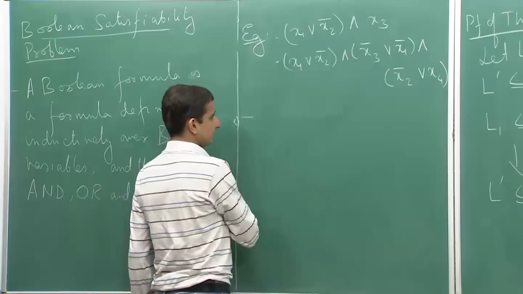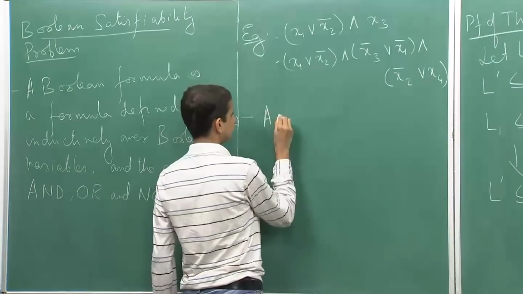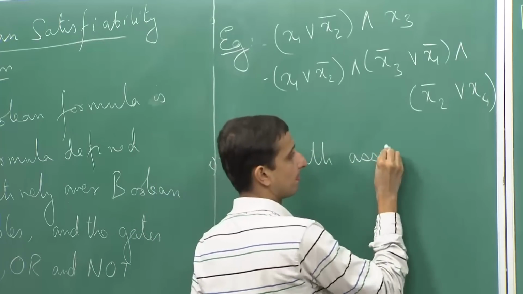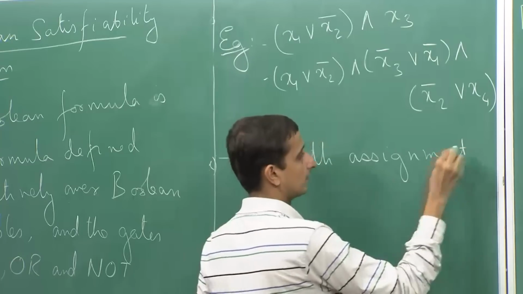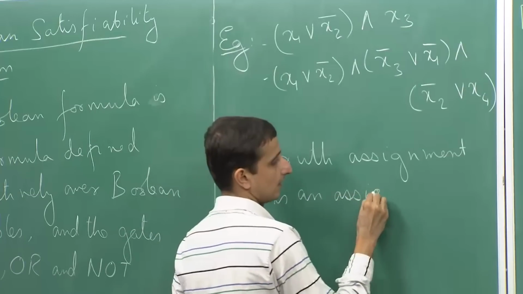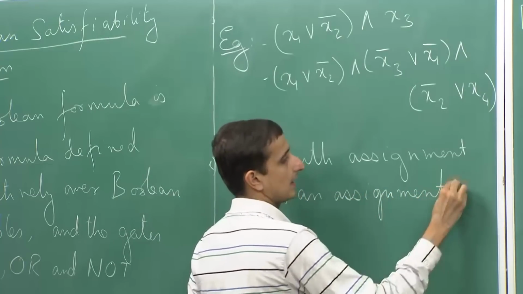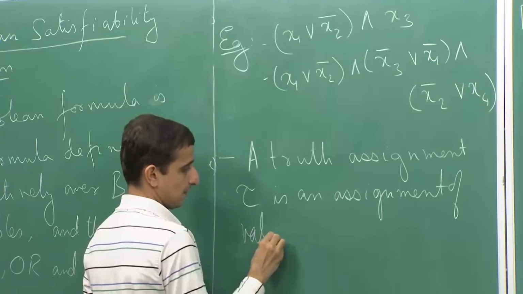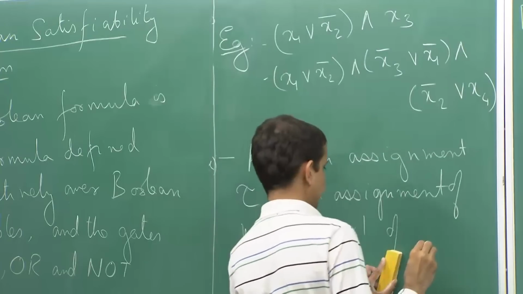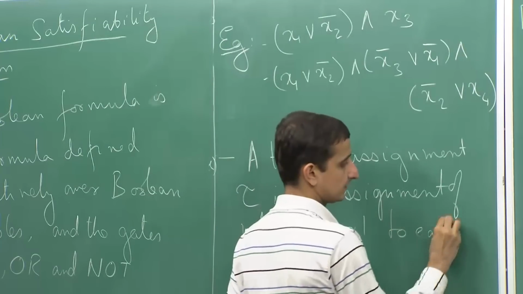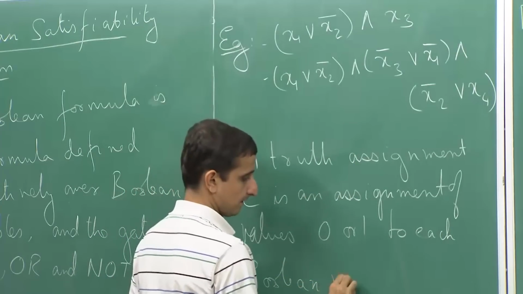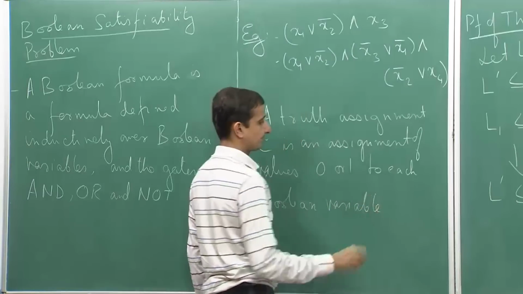Now I will define what is a truth assignment. A truth assignment tau is an assignment of values 0 or 1 to each Boolean variable.